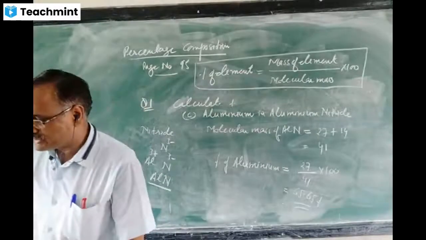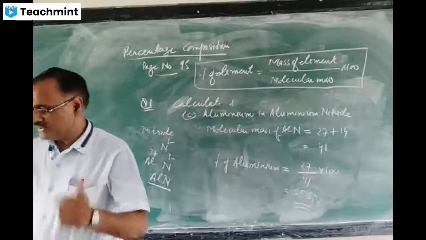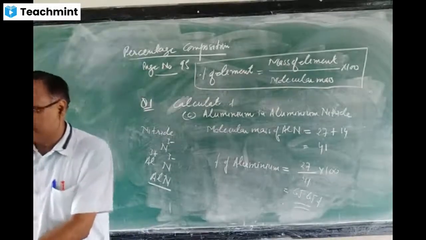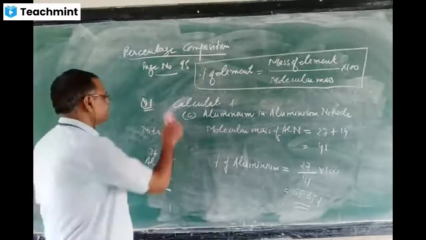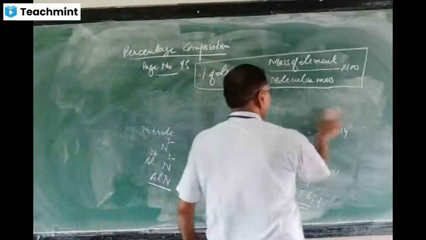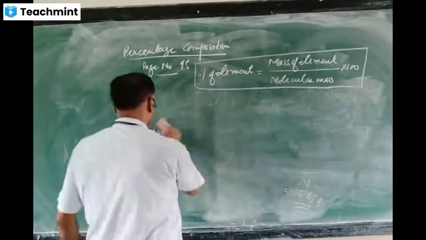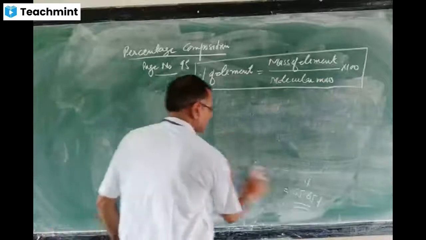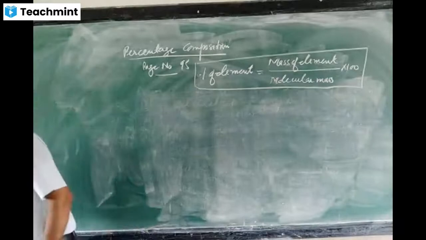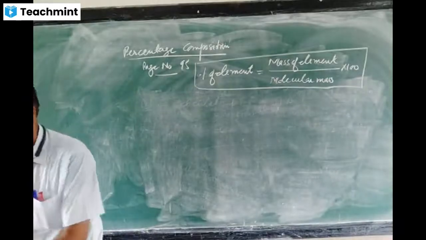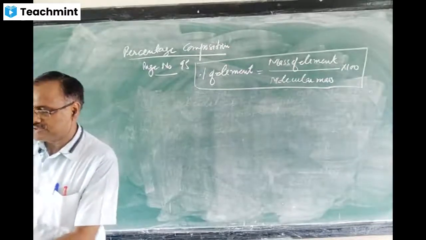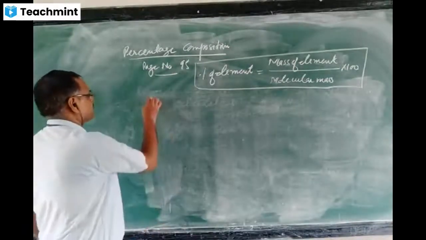Now, second question. A very big formula is given: calculate the percentage of iron in K3[Fe(CN)6]. Question number 2, what is given?